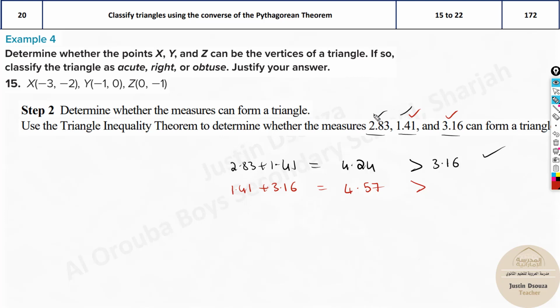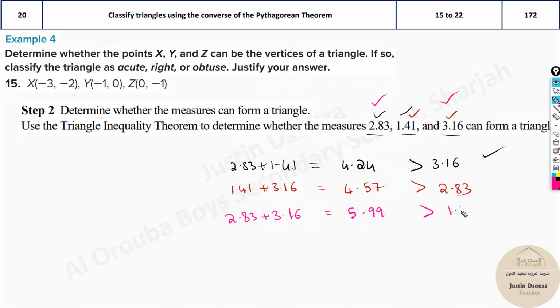Now, initially when we chose these 2 sides, this was the remaining side. Now we chose these two, so this is the remaining side, 2.83. Yes, it is greater. Then what is the remaining side now? We have this and this. So add them up, 2.83 plus 3.16, that will give you 5.99.